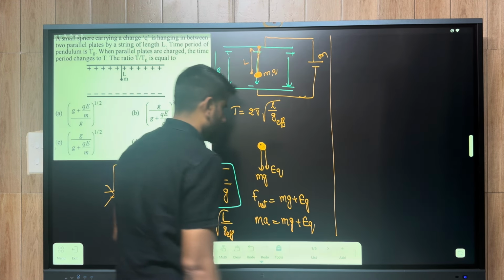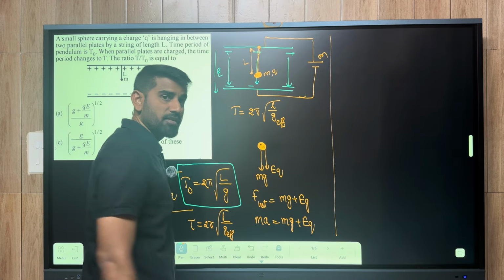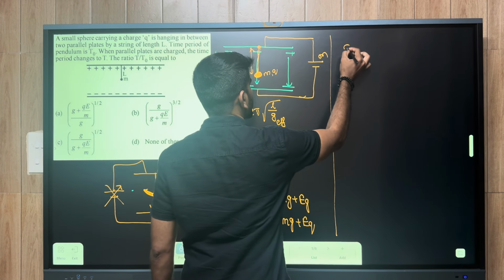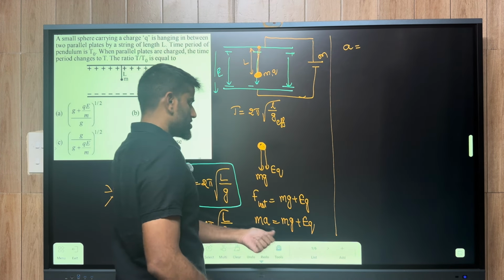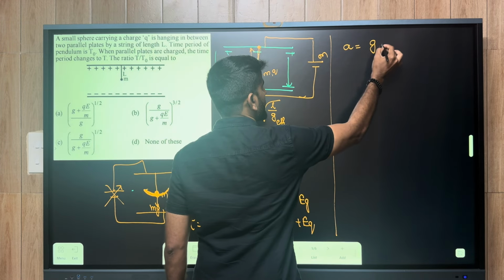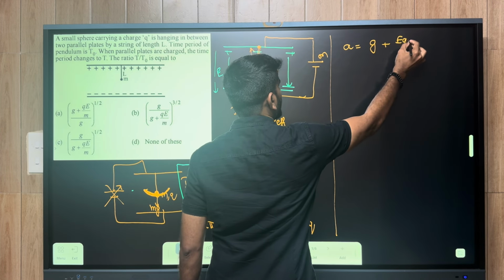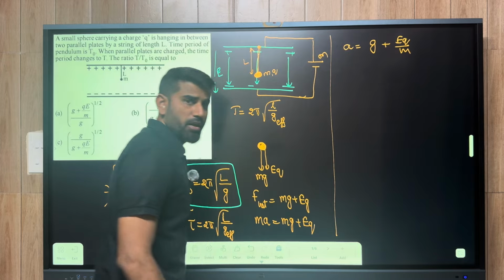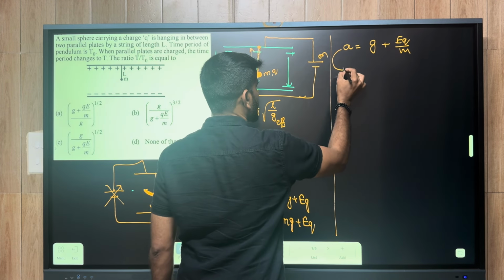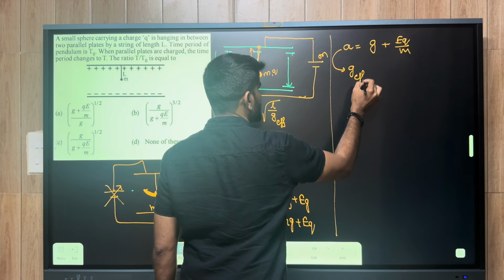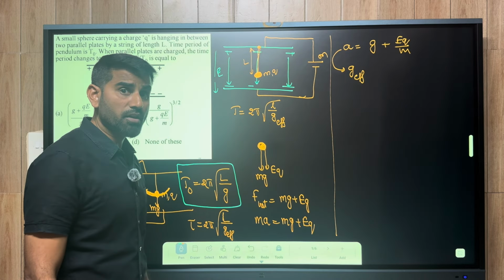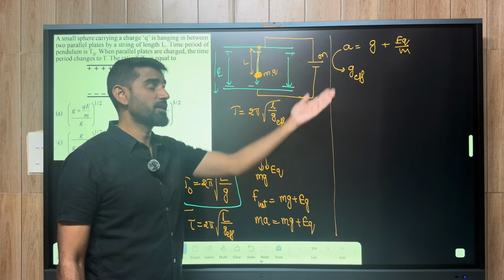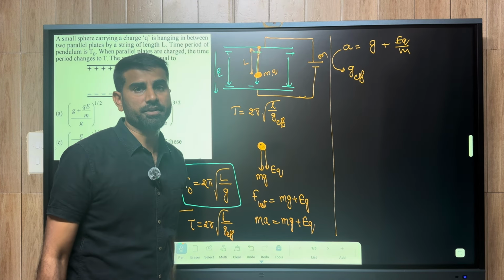Now let's divide this equation by m. The acceleration is equal to mg by m, which is g, plus Eq by m. This acceleration we call g effective. Why are we calling it g effective? Because this acceleration is acting in the downward direction.